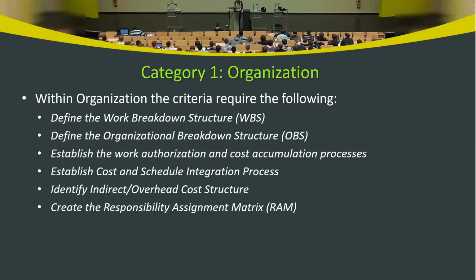Some examples of indirect costs for the project are the costs that are incurred on PMO, Project Management Office, because the Project Management Office serves all projects within the organization, not only your project.